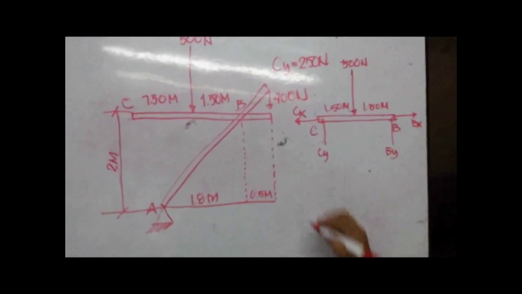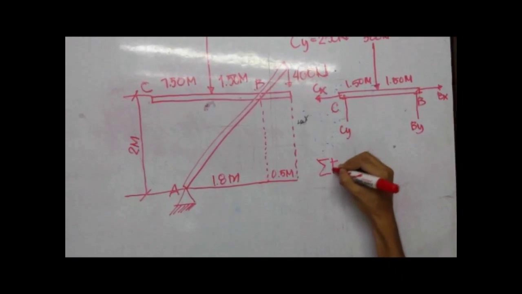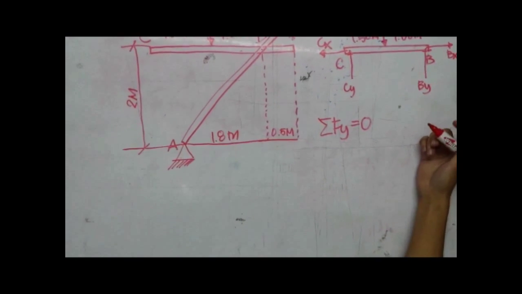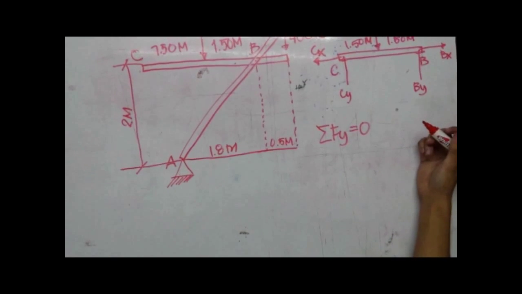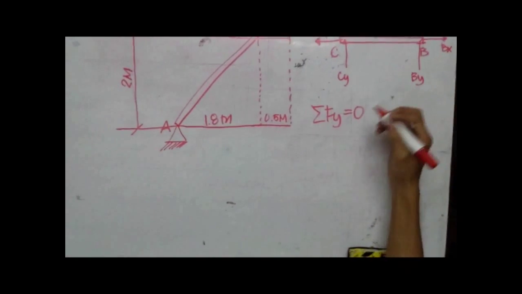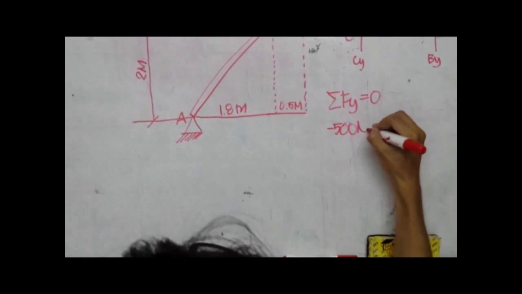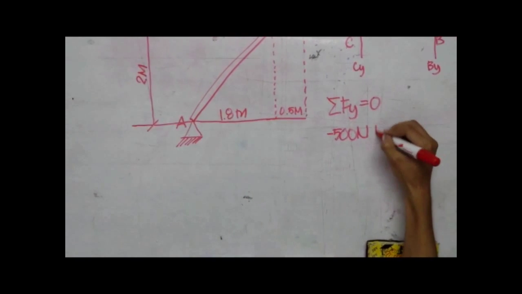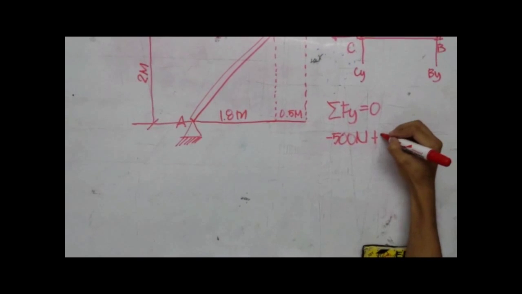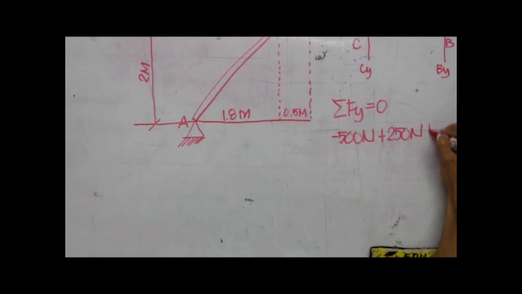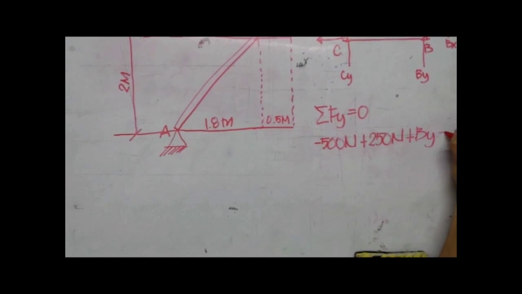Using summation of forces along the y-axis, which is equal to 0, we're gonna use the same forces, but this time only those that are in the y-axis. So we still have 500 newtons going downward, plus the value of Cy, which is 250 newtons, plus the value of By, all equal to 0.